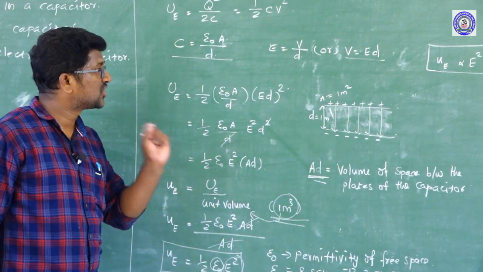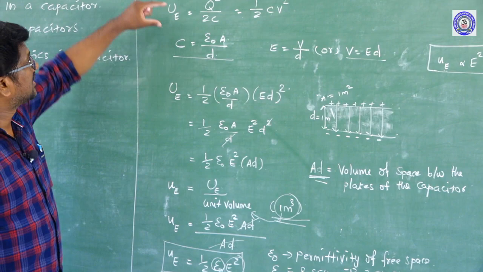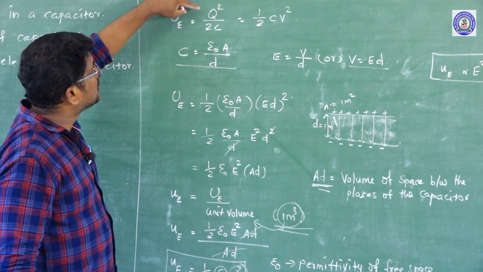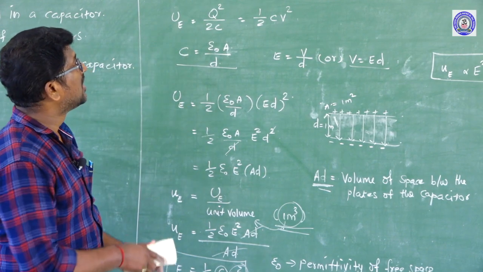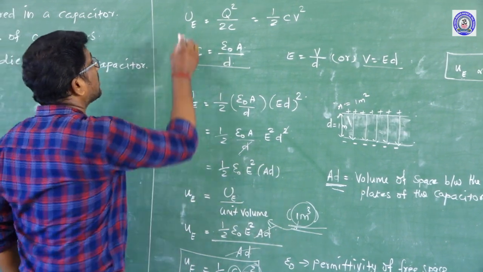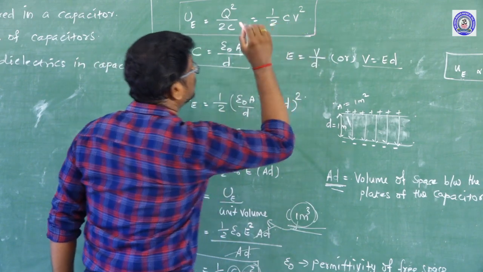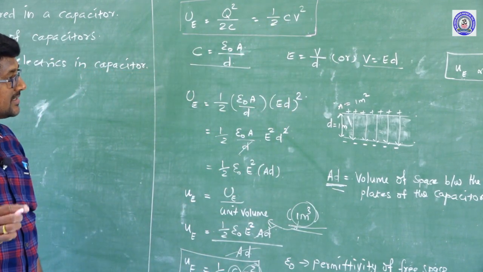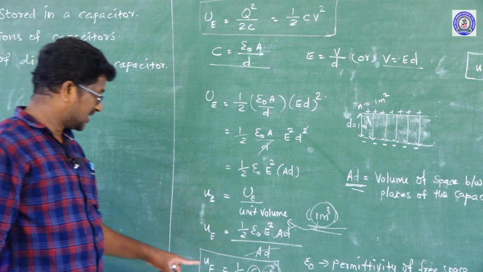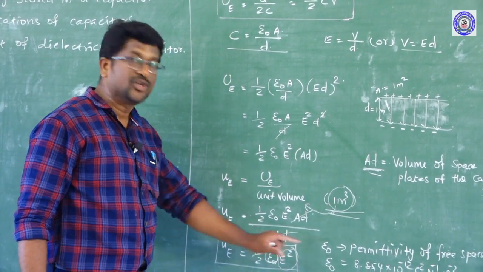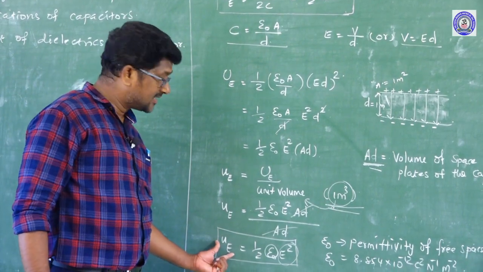So, electrostatic potential energy stored in the capacitor is given by capital U suffix E equal to Q² divided by 2C, or ½ CV². Whereas energy density of the capacitor is given by u suffix E equal to ½ ε₀ E². What is energy density?